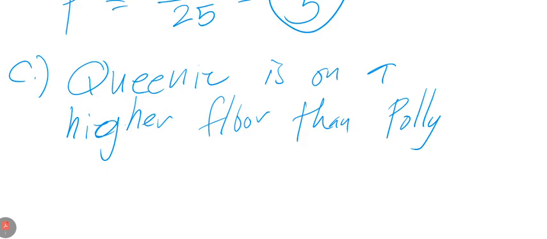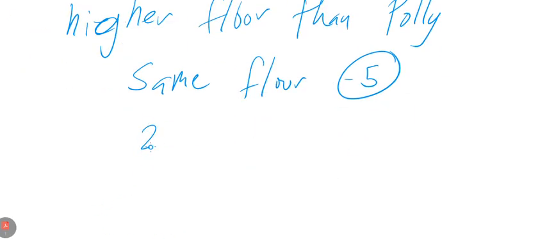Out of the 25 outcomes, the number of outcomes where they are on the same floor is 5, from part B. So we use the previous result, the same floor, and subtract it from 25. Same floor is 5. So 25 minus 5 is 20.